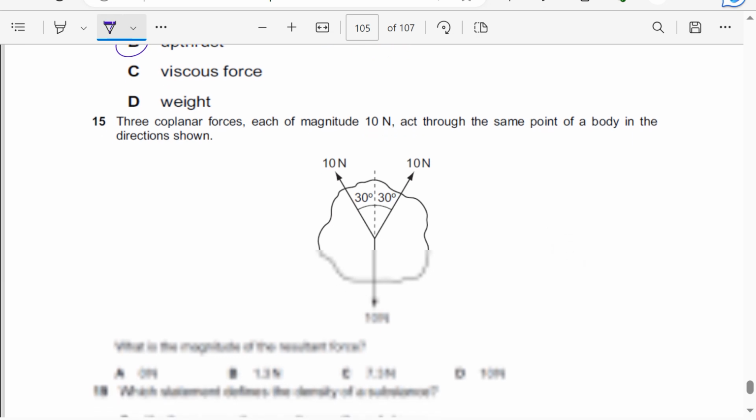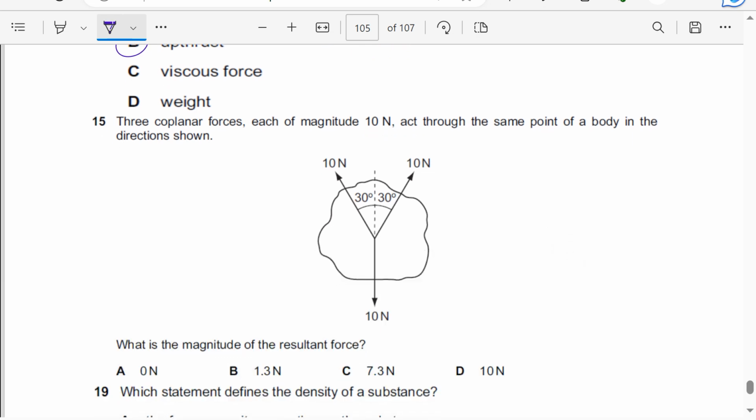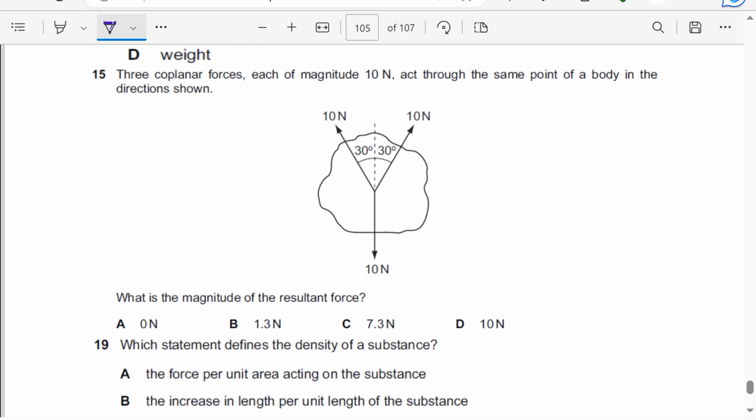Three coplanar forces, each of magnitude 10 newtons, act through the same point of a body in the directions shown. What is the magnitude of the resultant force? Okay. So we are going to resolve in the vertical. Resolving the two forces in the vertical, since they are equal in magnitude and the angle is the same, I would simply say they form twice 2 times 10 cos 30.